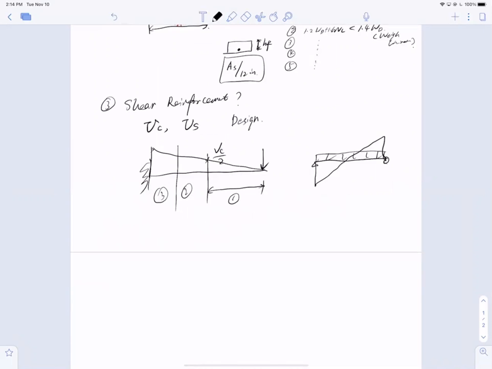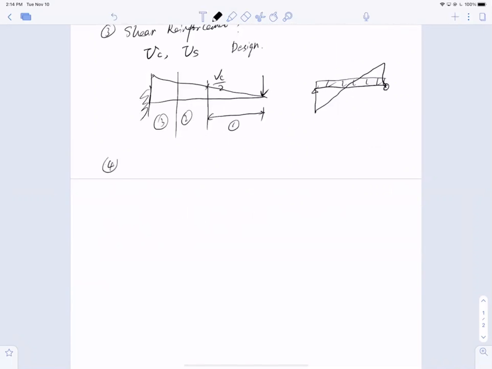Mainly for design. And the last but not least, we have talked about the bending or serviceability. For the serviceability, we mainly consider the gross moment of inertia, the cracked moment of inertia, IG and ICR. And for IG, you have a cross section like this, and this is the bar.